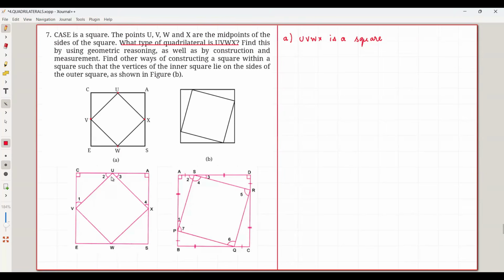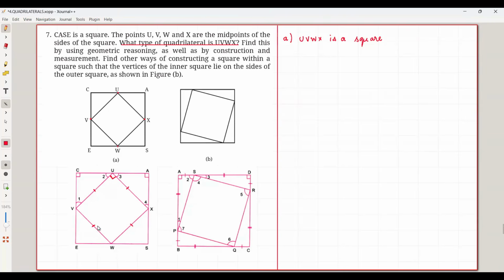I'm going to prove that angle W is 90 degree, and that all the sides are equal. This side is equal to this side, and all these sides are equal, and one of the angles is 90 degree. If I prove this condition, we can say that UVWX is a square.